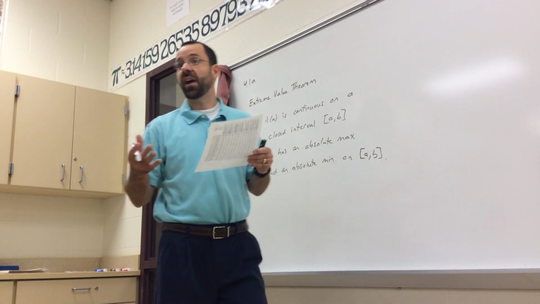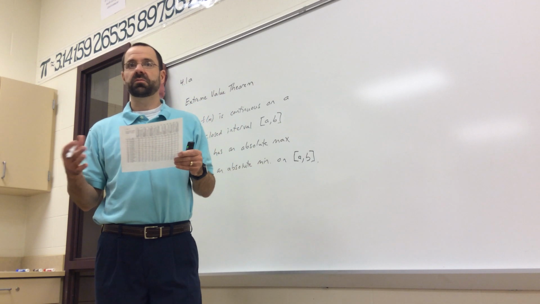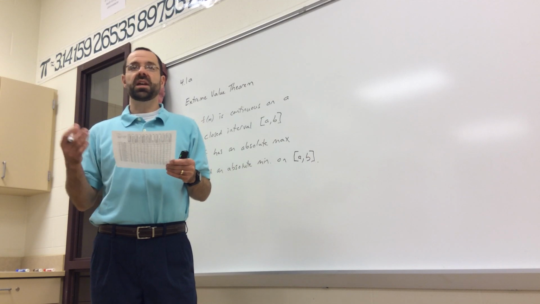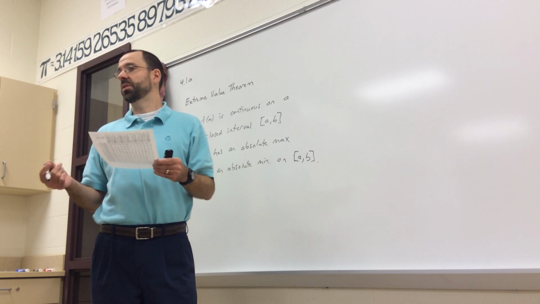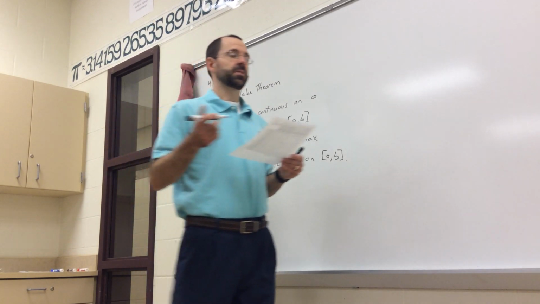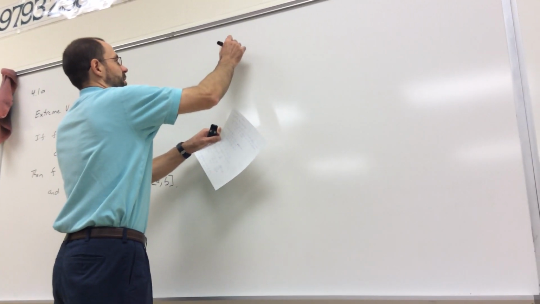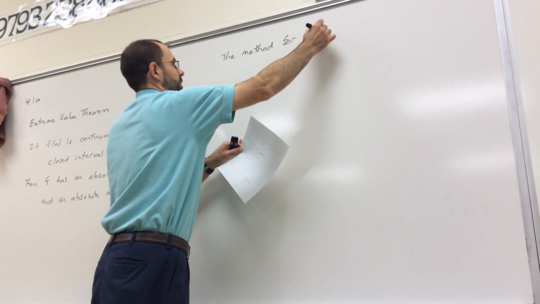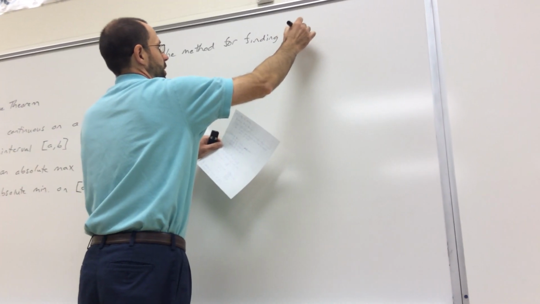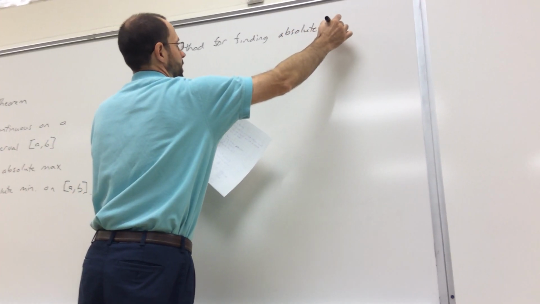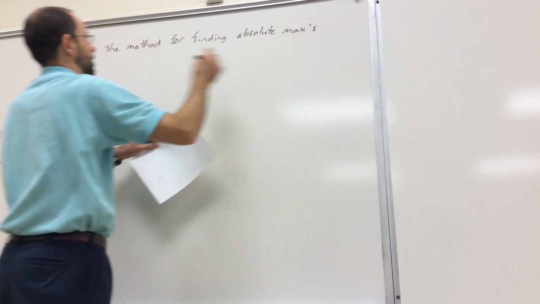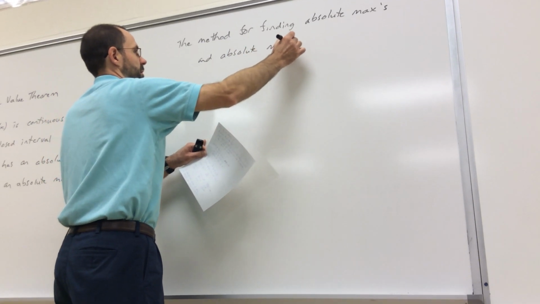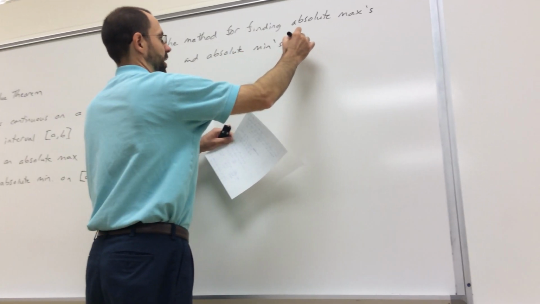All right, so yesterday we just found the absolute maxes and the absolute mins by looking at the graph, graphing it on the calculator, or actually having a graph already. So today we're going to find the absolute max and the absolute min without a calculator. Okay, so this is the method for finding absolute maxes and absolute mins without a calculator.